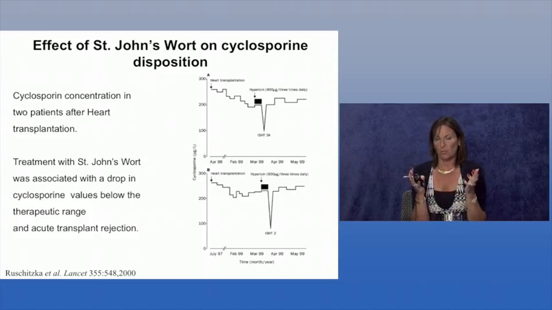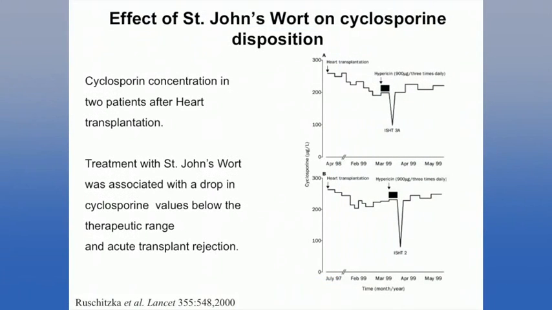So we have patients who are treated with cyclosporin. This particular report in The Lancet described two different patients who were receiving cyclosporin as part of their immunosuppressive therapy following their heart transplant. These patients were taking St. John's wort, a supplement. In both cases, the physicians are described as not knowing that the patient was taking the supplement.